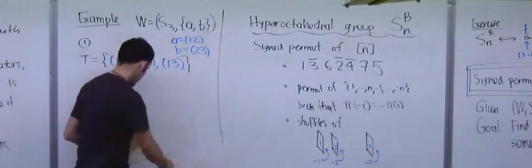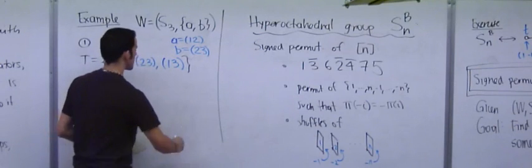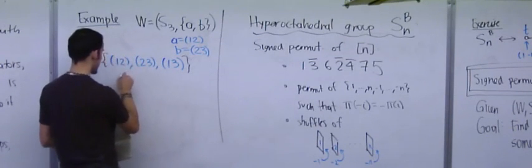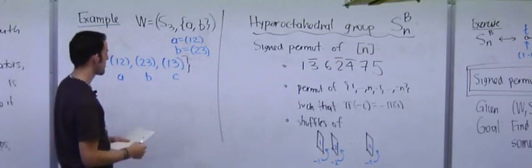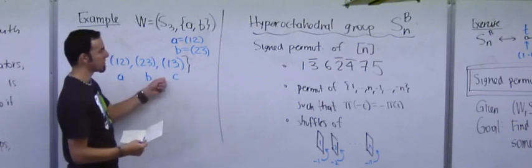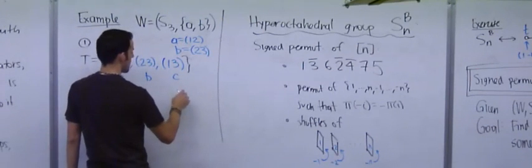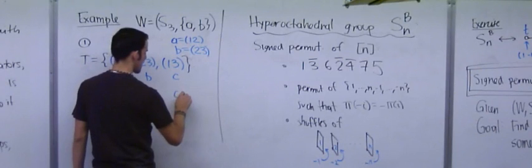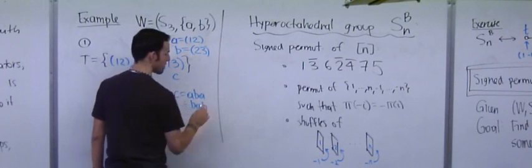Okay? Now, you can really do this by hand if you want. So I'm going to call this guy A, this guy B, this guy C, and you should really take the time to convince yourself that these are the only conjugates of A and B. Okay? And let's also record here that C is equal to ABA, which is equal to also BAB.